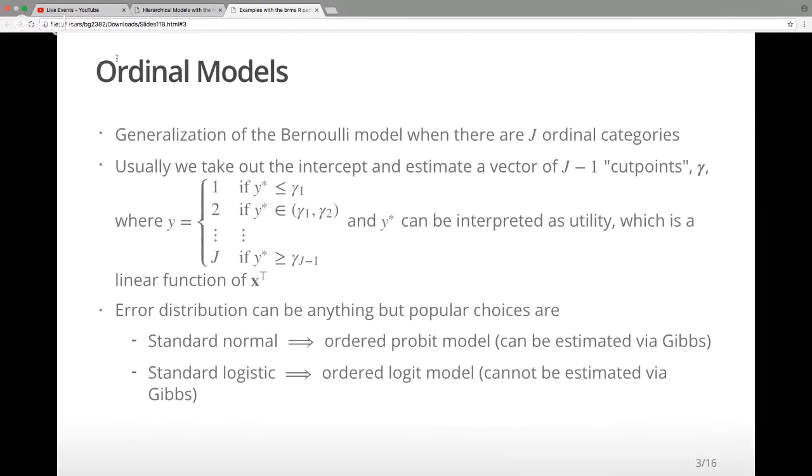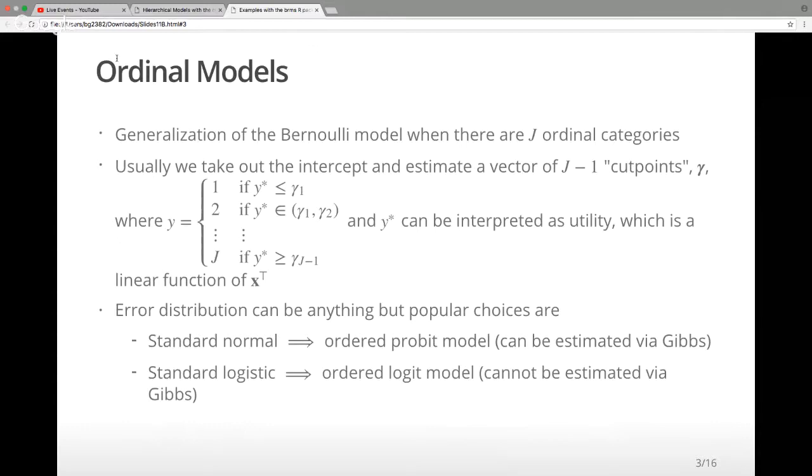And you could allow these cut points, or any of the parameters really, if you're doing this from a Bayesian perspective, to differ from one group of people to the next, or even from one person to the next. All sorts of different things can be done to yield a model for these unknown utilities, and then seeing where they fall relative to the unknown cut points, and estimate the joint posterior distribution of all these unknowns.